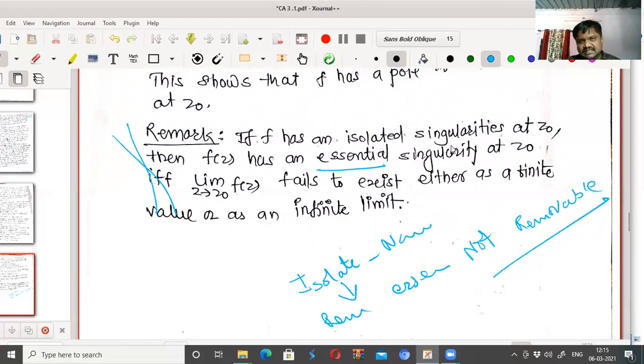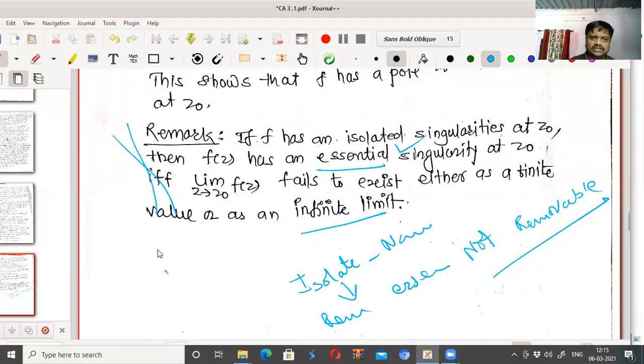So if f has an isolated singularity at z0, then f(z) has an essential singularity at z0 if and only if the limit as z tends to z0 of f(z) fails to exist, either as a finite value or as an infinite limit. So if the limit of this term does not exist, then we call it an essential singularity.